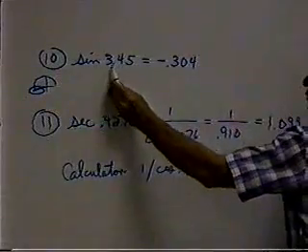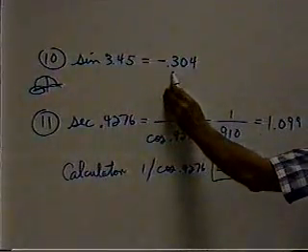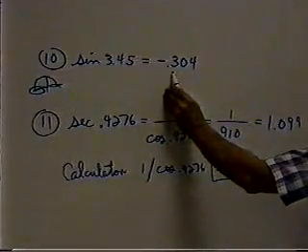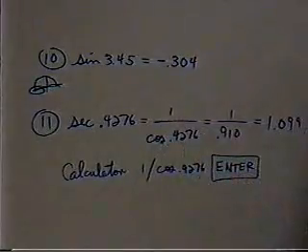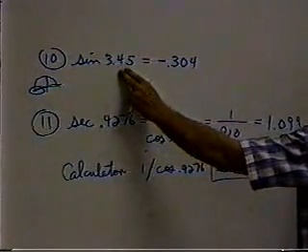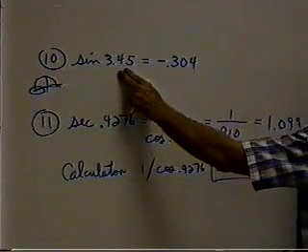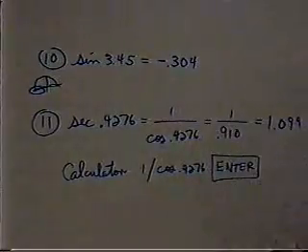If you took the sine of 3 degrees, which is right in here, you would have a positive answer. So you must pay attention to this symbol right here. If it's not there, then that's radian measure. So your calculator needs to be in radian mode. So the sine of 3.45 radians, which is almost 200 degrees probably, is minus 0.304.